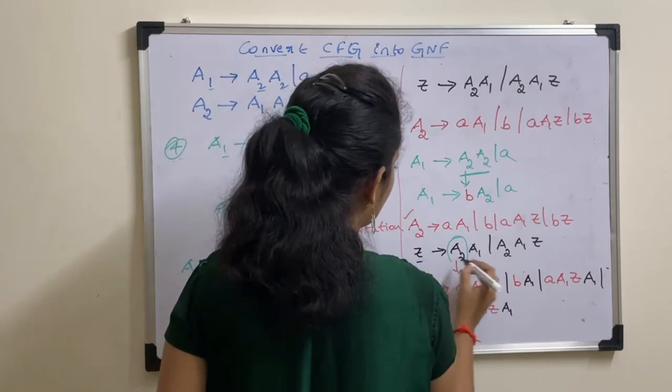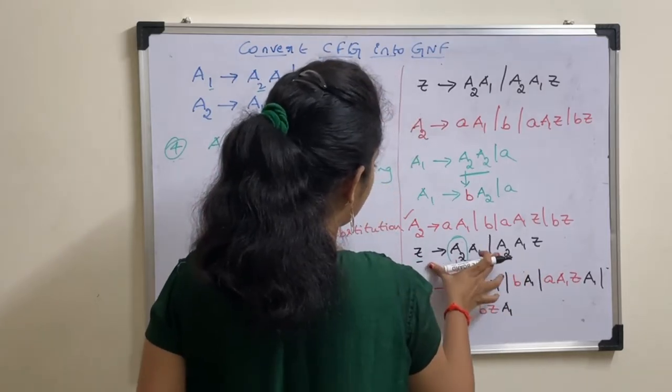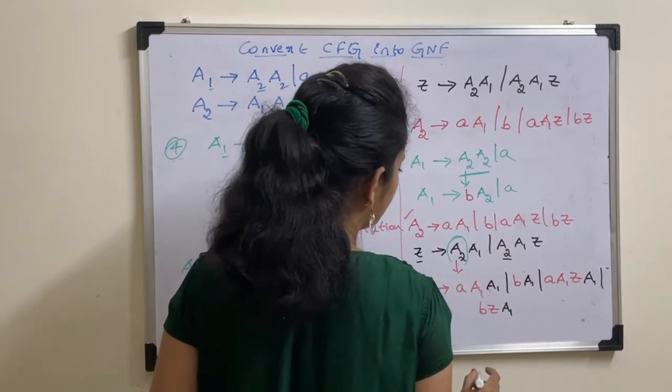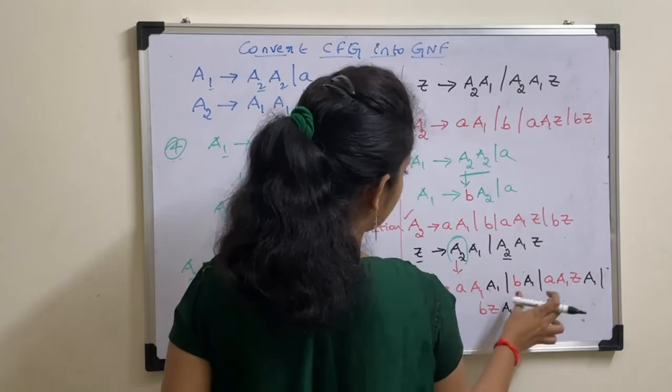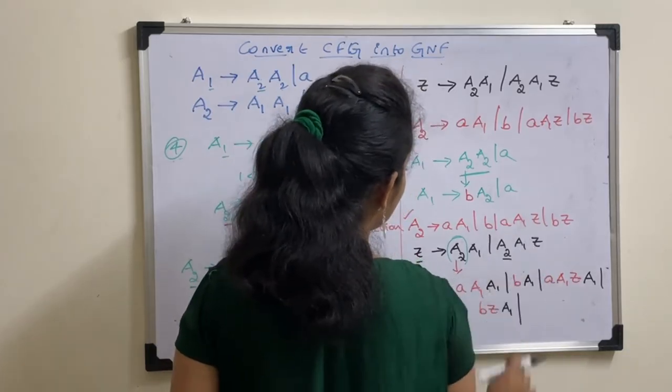But again we have a problem with the second production, Z A2. So again write it in the same way for this production with Z also.